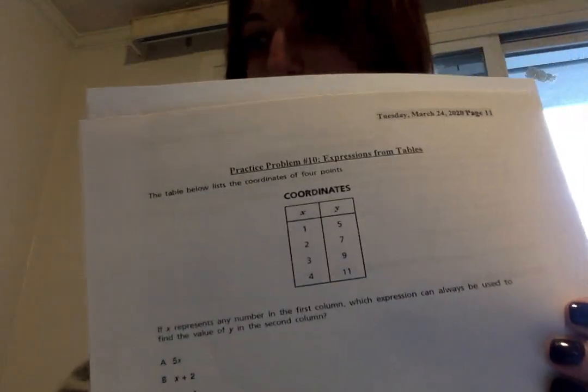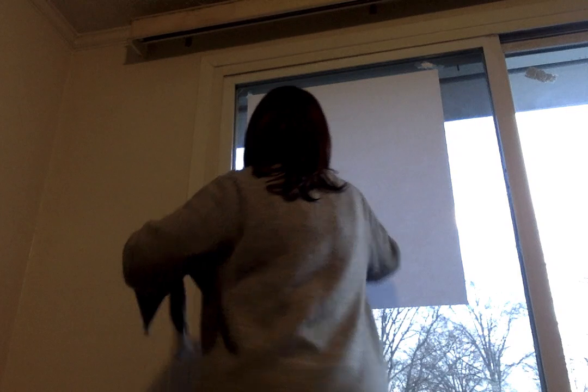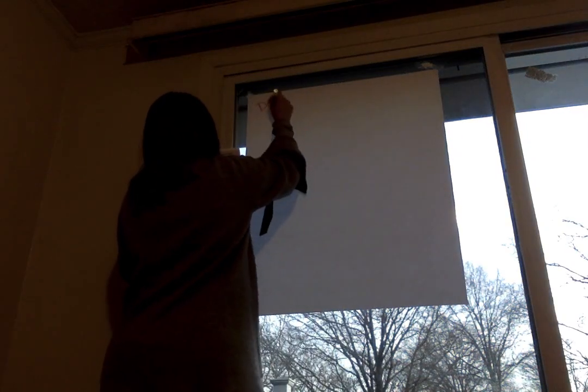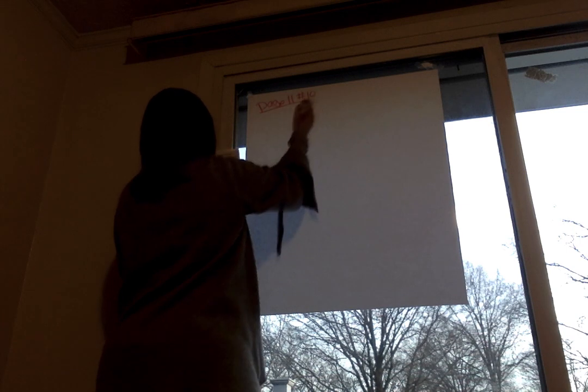Okay, so that problem that we're going to work on is on page 11. Everyone find this page. We're going to figure out which expression matches this table. It has to be true for all the values. So this is page 11, number 10, and here's what we got.